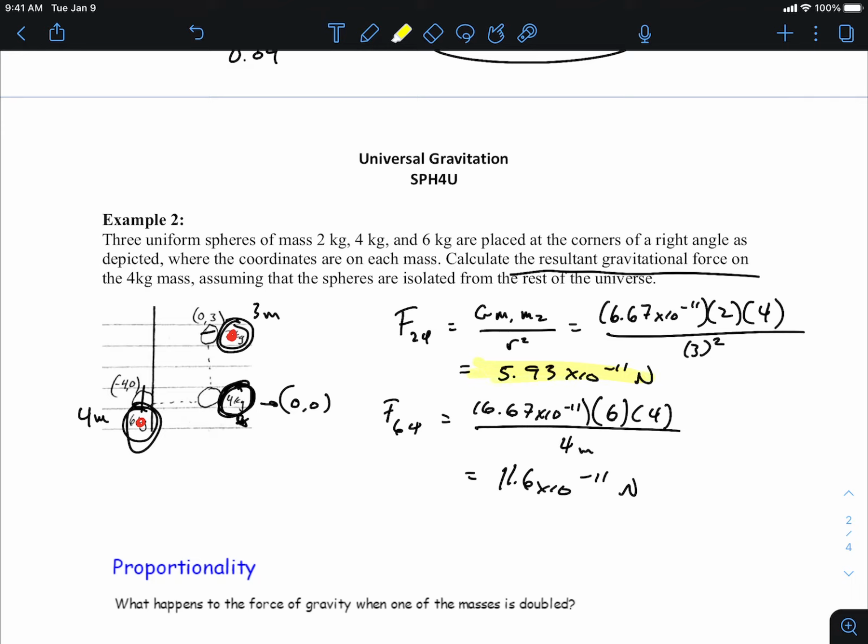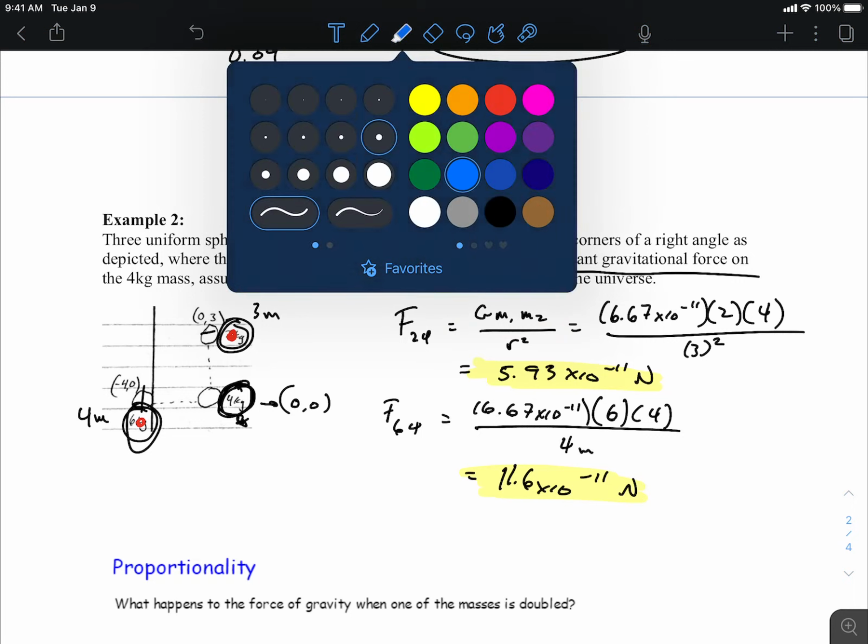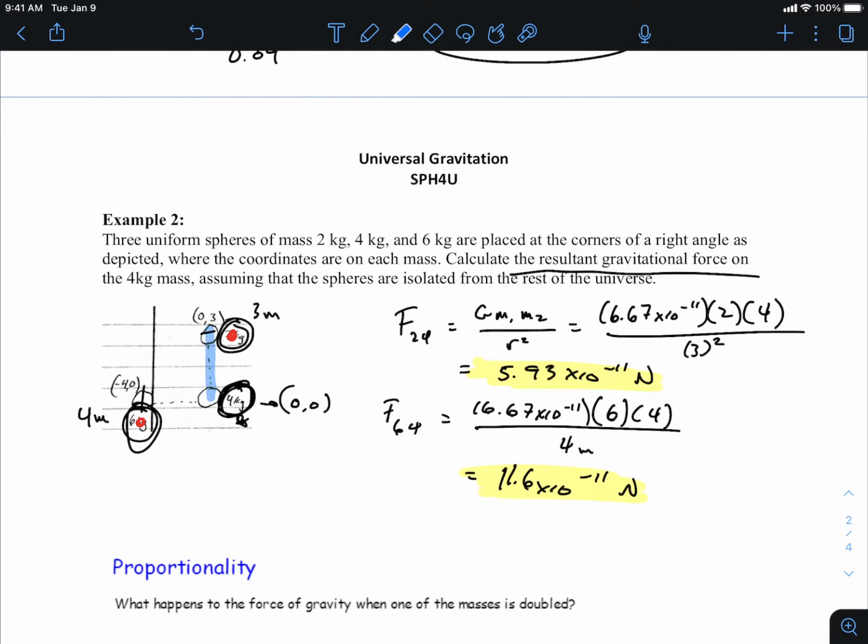Okay, so we're going to find the resultant force. We know two things here. We know a y component, if you will, of the force being exerted, and we also know an x component of the force being exerted, right? So keep in mind the direction of these two forces.